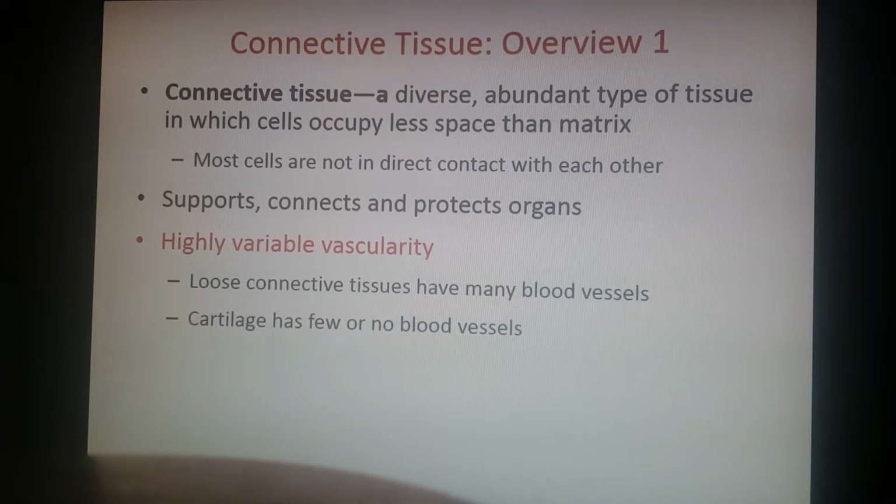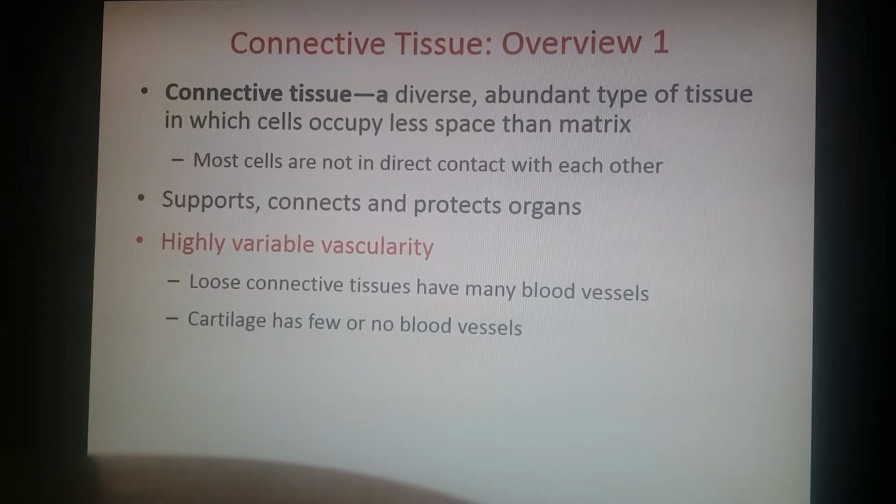A lot of your connective tissues either support, connect, or protect different organs. And again, they have various degrees of what's called vascularity, or how many blood vessels are there. So for example, there's a lot of blood vessels in the dermis layer of skin, which is the connective tissue underneath your epidermis, epithelial tissue.